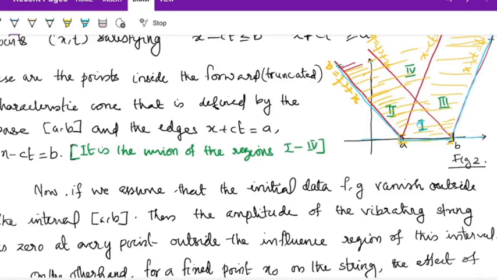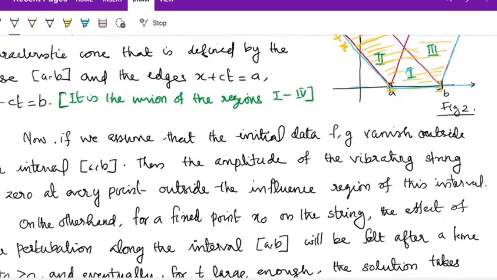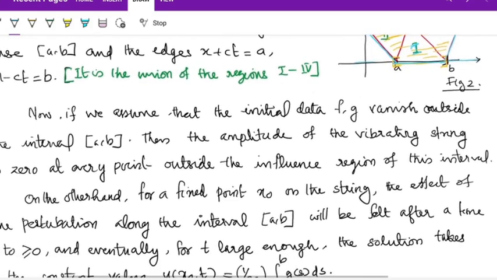On the other hand, if we fix a point x0 on the string, then the effect of perturbation along the closed interval AB, perturbation meaning a small change, will be felt after a time t0 greater than or equal to 0, and eventually, for t large enough, the solution takes the constant value.